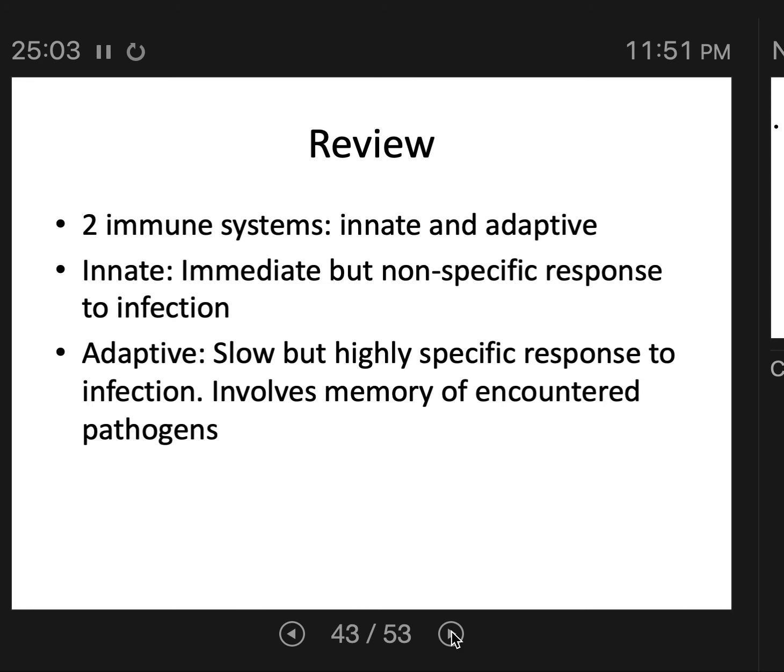On the second encounter, it will remember and fight it so quickly that you probably won't even notice that you've been infected, because your adaptive immune system can nip the infection in the bud, because it generates those armies of long-lived memory cells, B cells and T cells, to fight that pathogen.